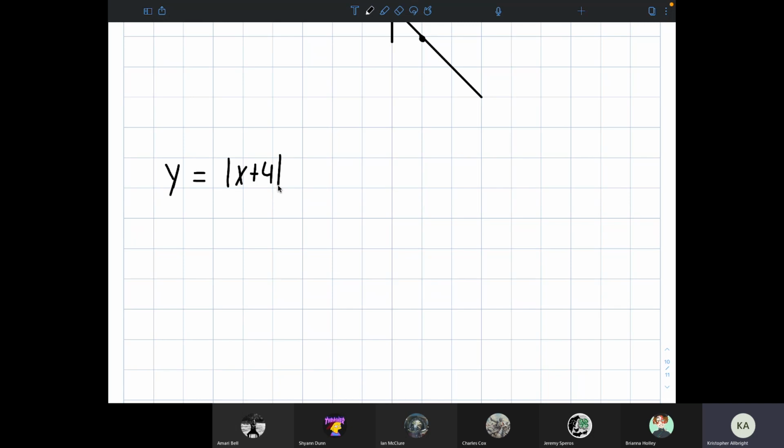And these are absolute value bars. And all that means is distance from 0. So whatever is inside these gets made positive at the end. So we say, okay, we're going to plug in 0, -1, and 1.